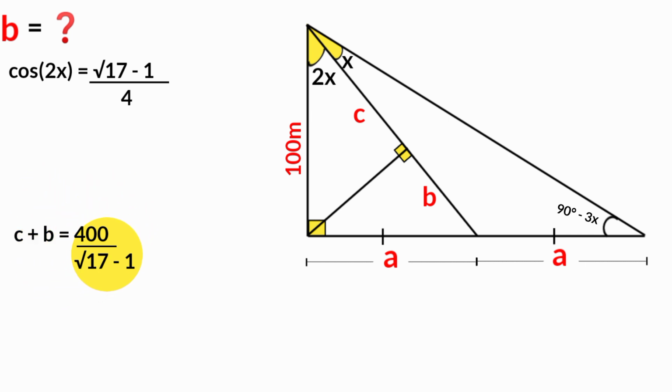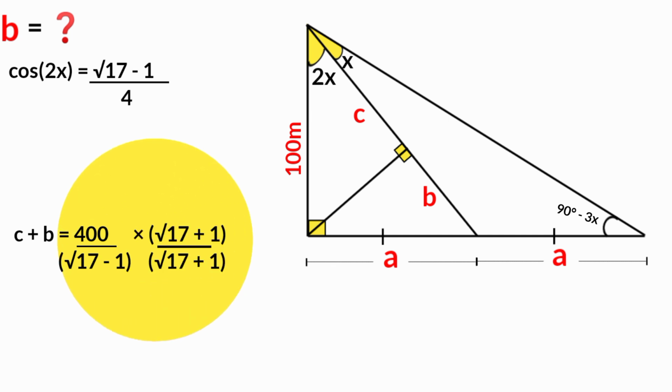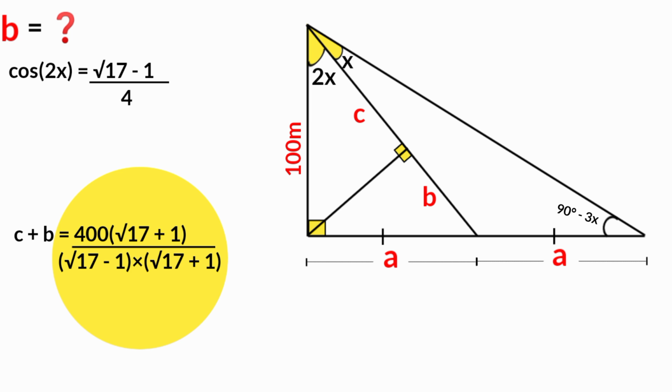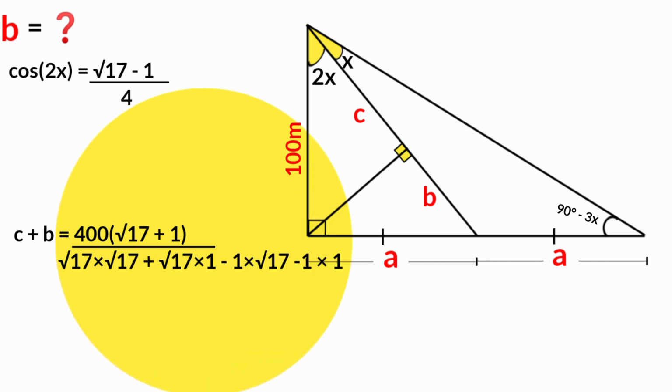Multiply by the conjugate of this root 17 minus 1. That is root 17 plus 1 over root 17 plus 1. 400 times root 17 plus 1 is 400 open bracket root 17 plus 1. While here root of 17 minus 1 times root of 17 plus 1 is root of 17 times root of 17 plus root of 17 times 1 minus 1 times root of 17 minus 1 times plus 1. Square root of 17 times square root of 17 is 17.